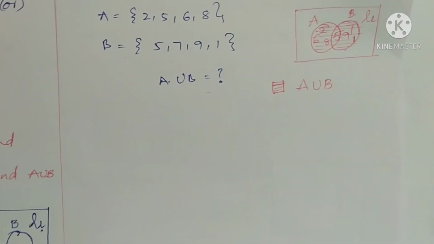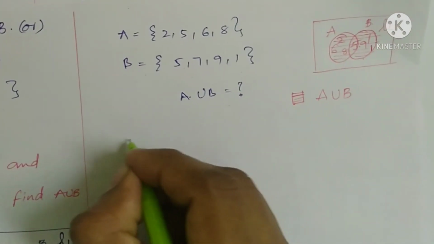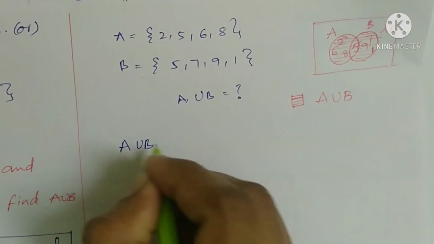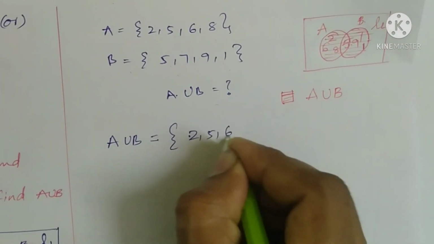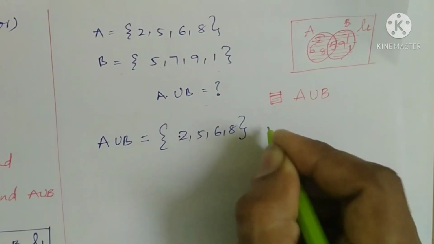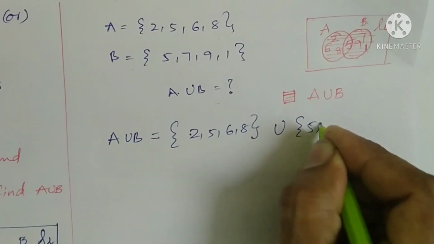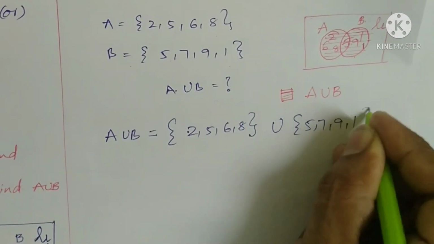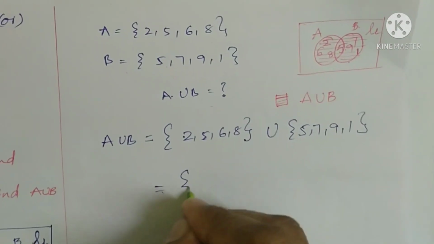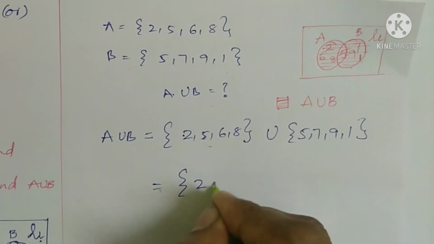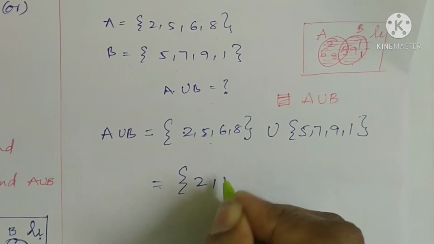So let's get into the problem. A union B equals 2, 5, 6, 8 union 5, 7, 9, 1. Here the common element is 5, so don't repeat it twice. Each and every element is represented a single time.